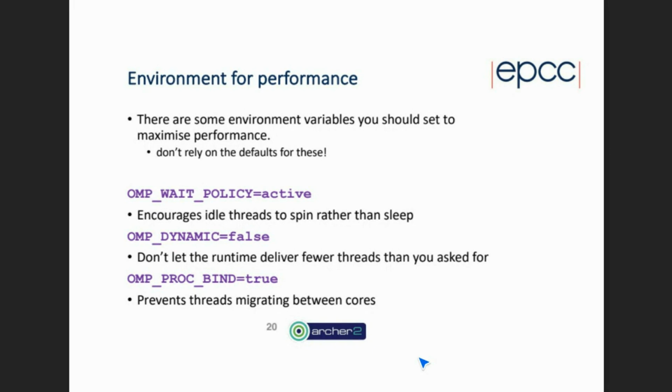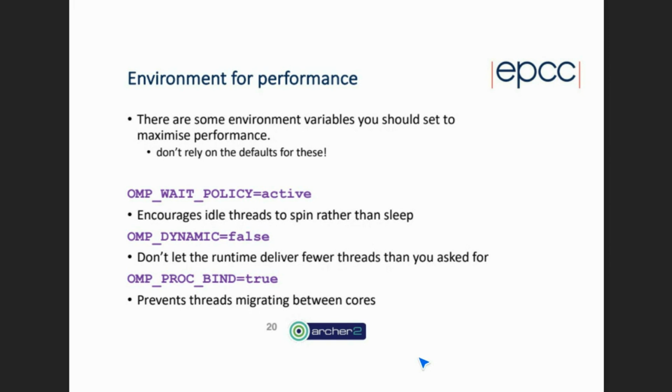Next one is kind of related to the previous slide. Set OMP dynamic equals false. Again, it's a bad piece of terminology choice. OMP dynamic has nothing to do with dynamic loop scheduling. It's again a hint which says if it's true, then you're asking the runtime to match the number of threads to the current resources on the system.